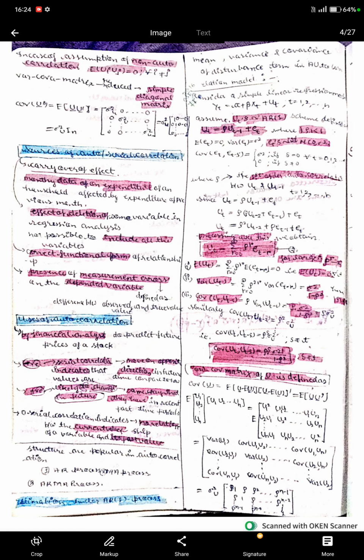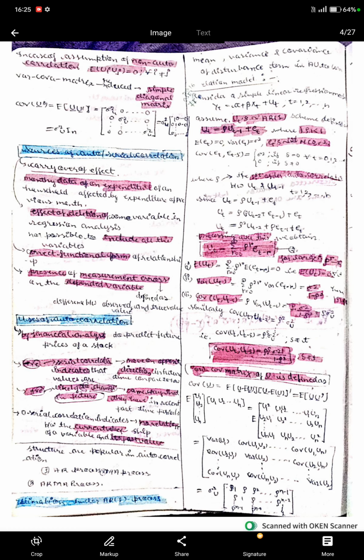By taking expectation, the diagonal elements are variance u1, variance u2 and so on variance un, and the non-diagonal elements are covariance u1, u2 and so on, covariance u2, u1 and so on, and in the nth row covariance un, u1 and covariance un, u2 and so on.